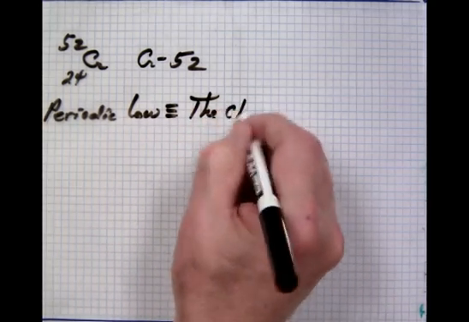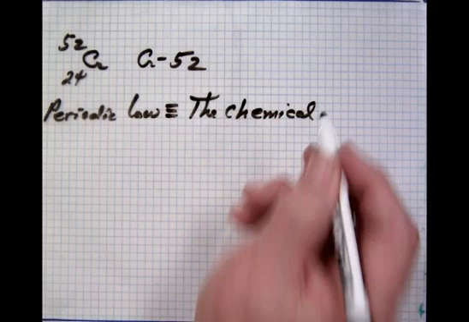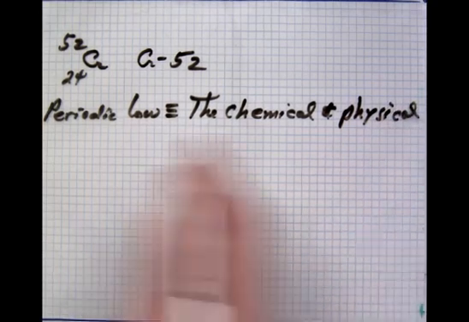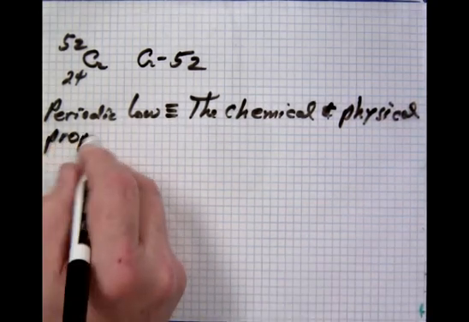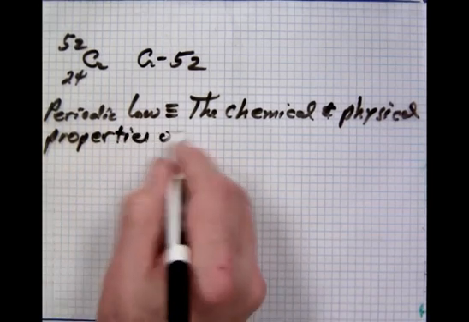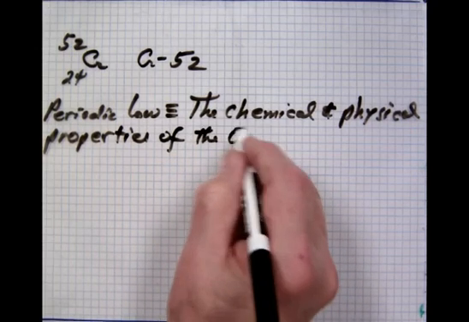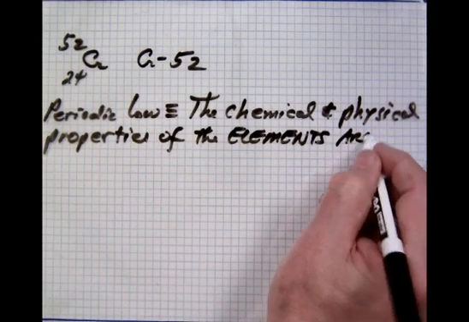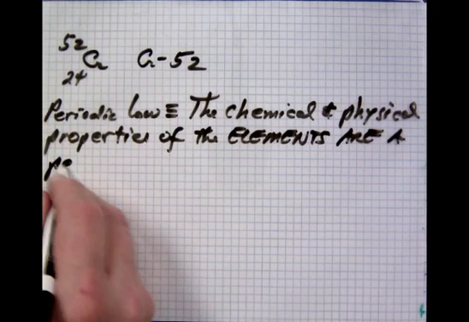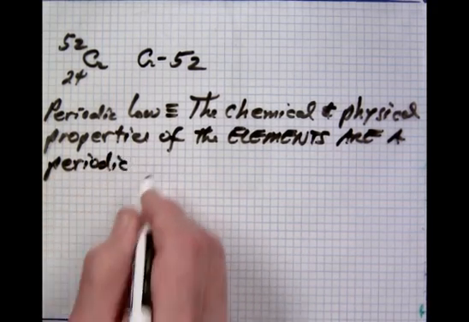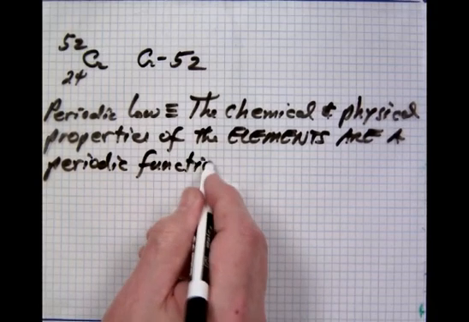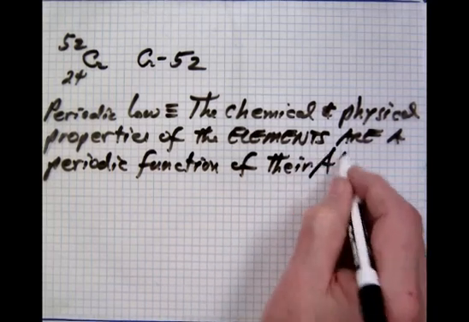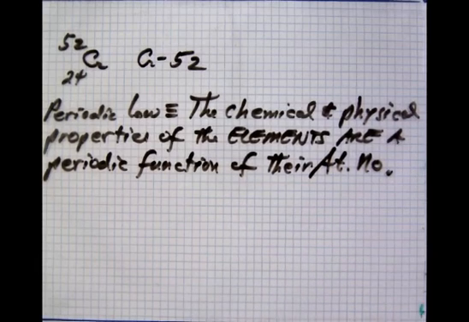The chemical and physical properties of the elements are a periodic function of their atomic number. Okay?